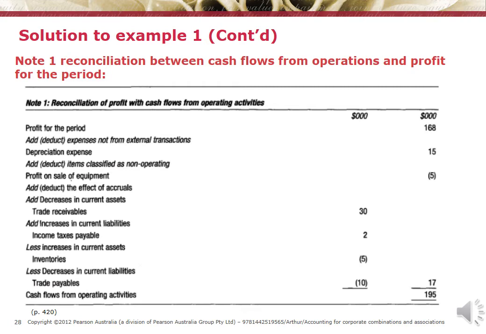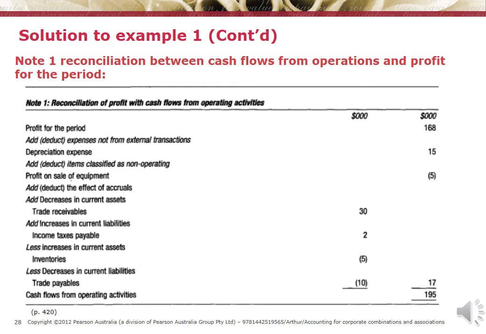You may have noticed when we were looking at the cash flow statement on the previous slide that when it stated cash flows from operating activities, there was a, in brackets, note 1 written, and that is in relation to this statement, which is prepared within the notes of a financial report. So this is a reconciliation between the cash flows from the operations of the entity and profit for the period.